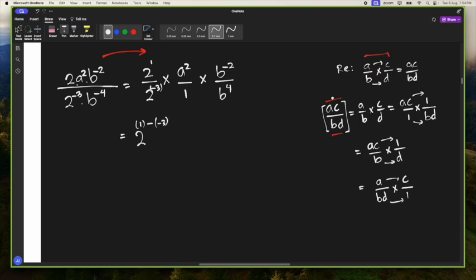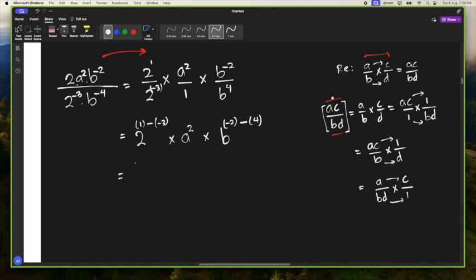When you divide, you minus the indices. This is multiplied by a squared, and multiplied by b, where the top number is minus 2, and I'm going to minus the underneath number, which is 4.